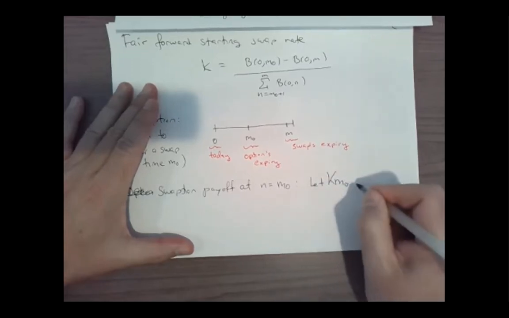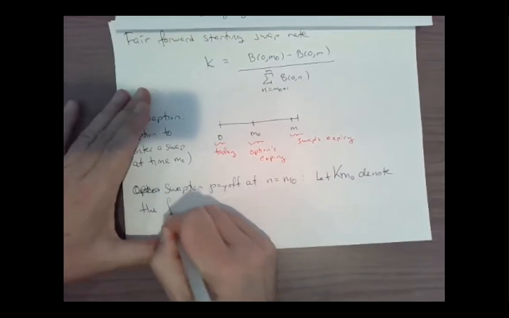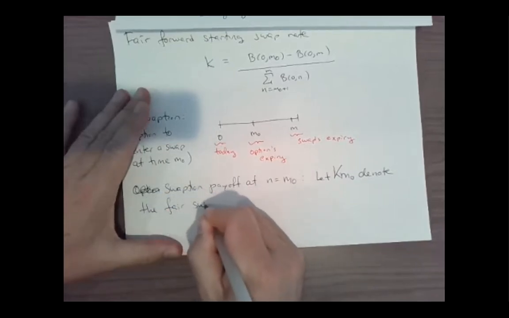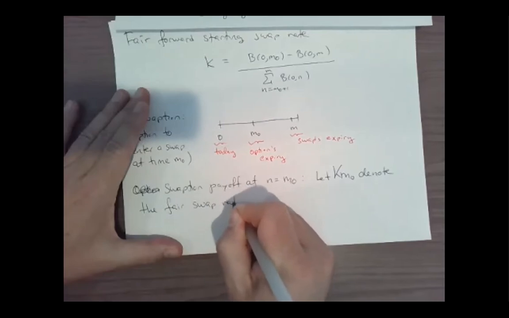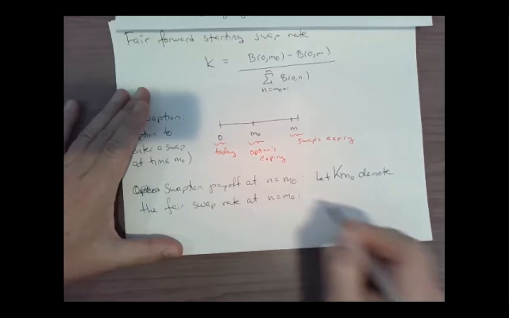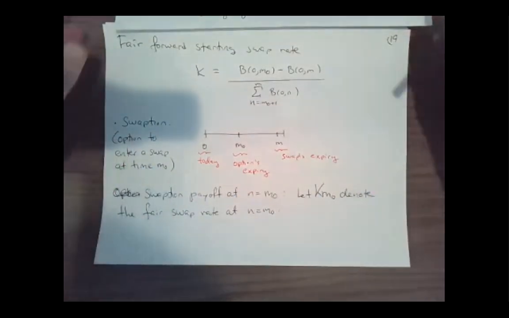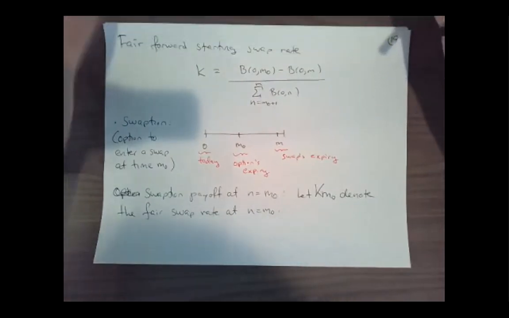Let KM0 denote the fair swap rate at time M0, that's the one we had.